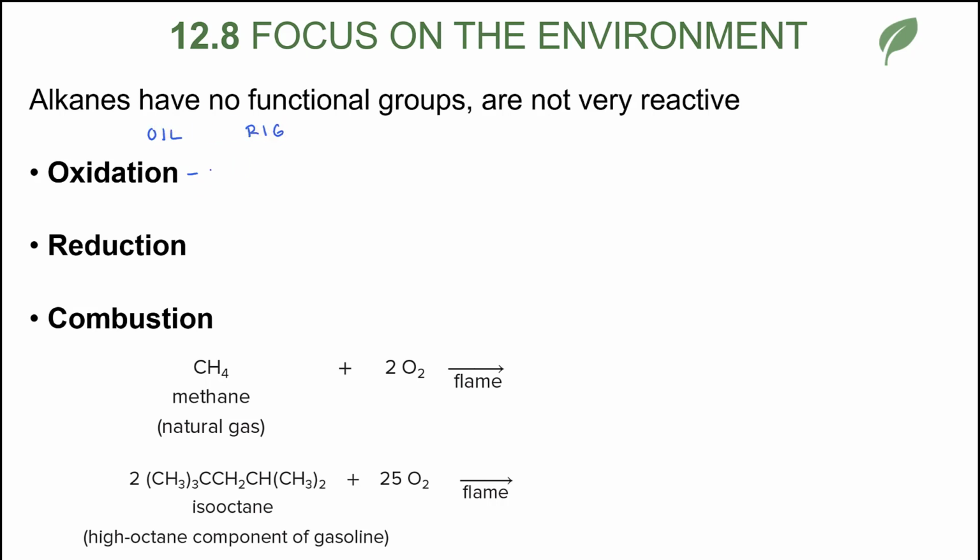So oxidation is loss of CH bonds, or it can be the gain of CO. Reduction is the gain of CH bonds, or loss of CO.